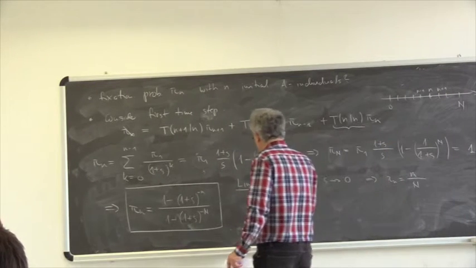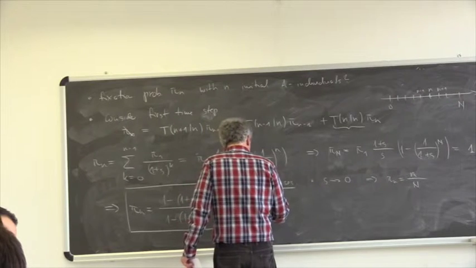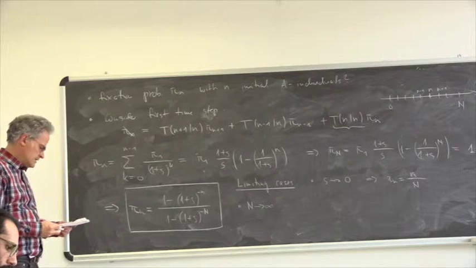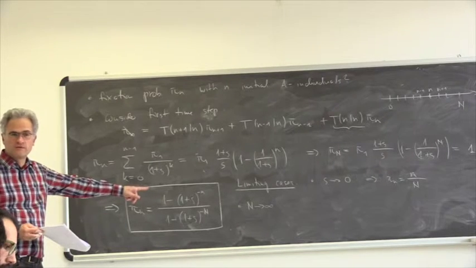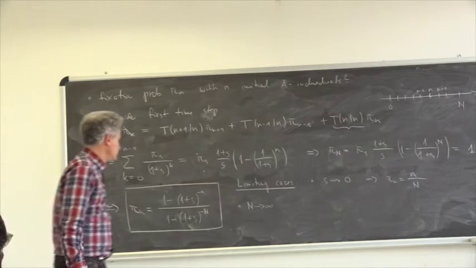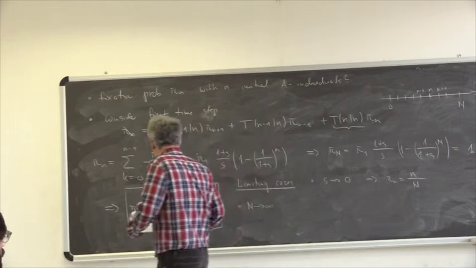Then we can look at what happens when the population becomes very large. So we can take the population size to infinity, keeping the number of A individuals fixed. And then you see that you have to distinguish two cases.